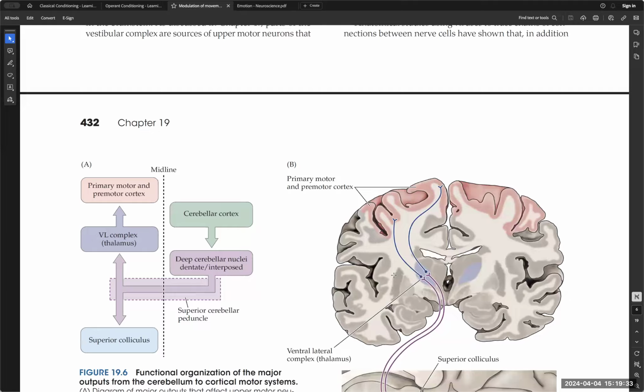Okay, so we said that the superior peduncle is mainly, did we say afferent or efferent? Who can remind me? Efferent. It leaves the cerebellum. Okay, so basically we're talking about the major efferent structure of the peduncles in terms of the cerebellum.